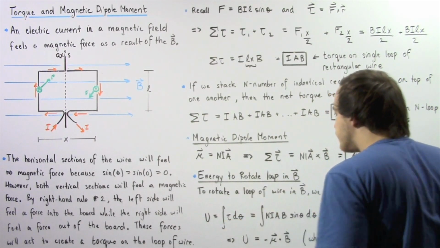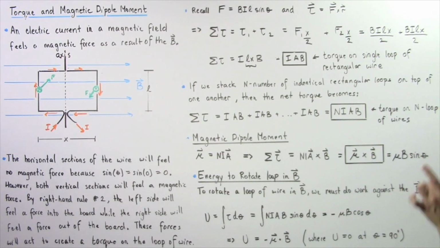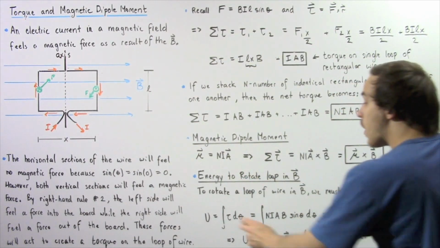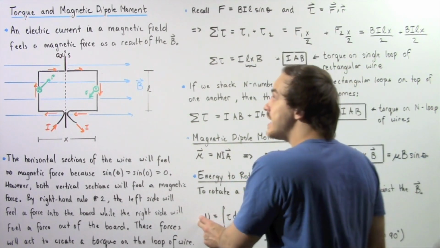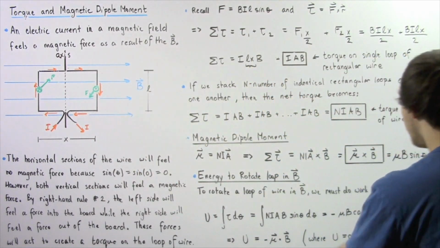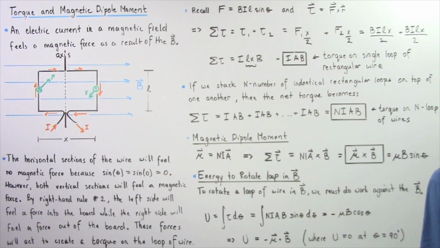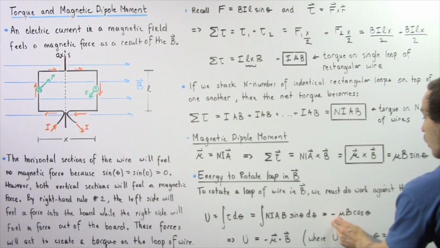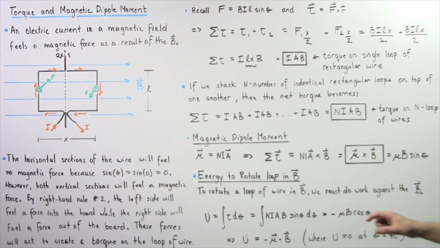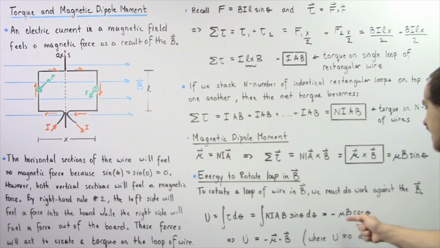So these four values are constants. We can take them out of our integral, and if we integrate sine theta d theta, that gives us negative cosine theta. So our energy stored within our electric current within the wire inside the magnetic field is equal to the negative of our magnetic dipole moment mu multiplied by the magnitude of our magnetic field B multiplied by the cosine of the angle theta between these two vectors.